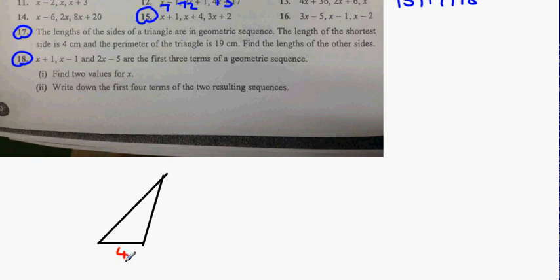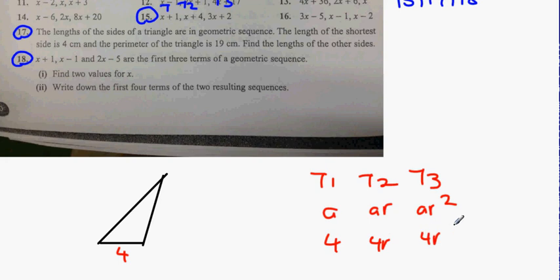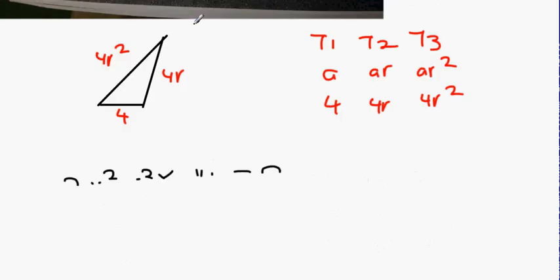is 4. Now, a geometric sequence is basically a, ar, ar squared. And this sequence is going to be 4, 4r, 4r squared. So that's 4r squared, that's 4r. Add them all together.